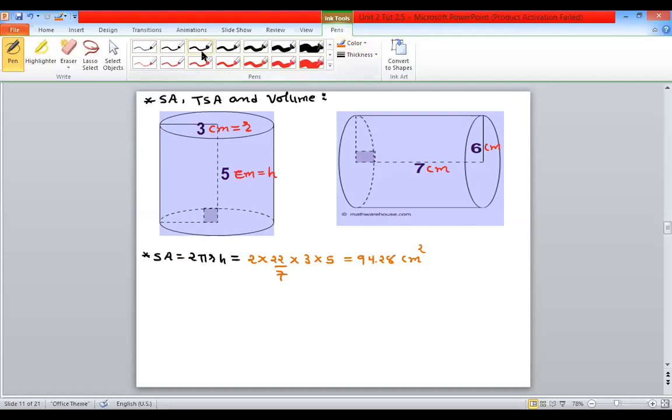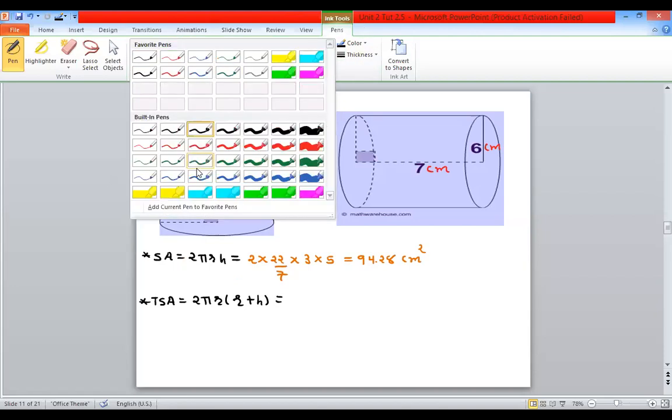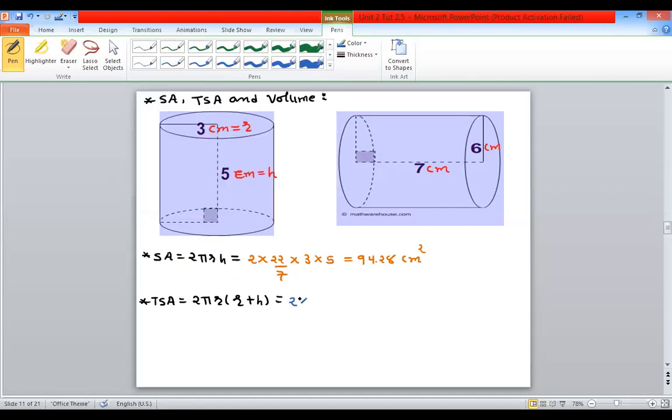Second, the total surface area. The formula is 2 pi r into h plus r. Put all the values: 22 by 7 into r is 3, in the product r plus h, it's 5 plus 3, yes, 3 plus 5.